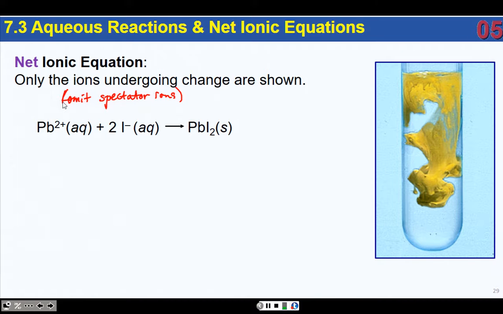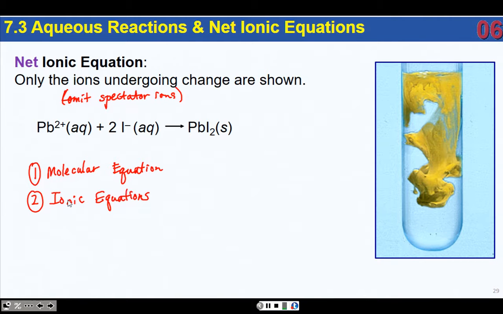That, in a general sense, is what we need to do to represent net ionic equations. So you start with a molecular equation to write out the whole thing and make sure it's balanced. Molecular equations show everything as though they're molecules. Then you come up with an ionic equation where you separate all the strong electrolytes into their component ions.